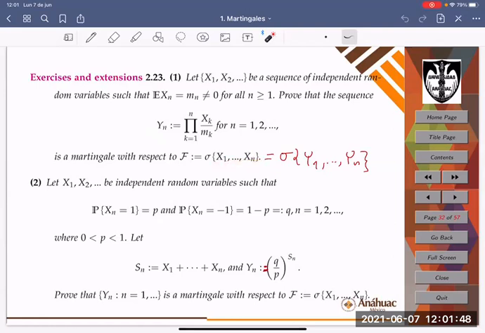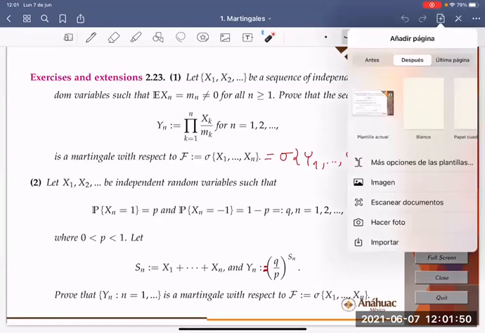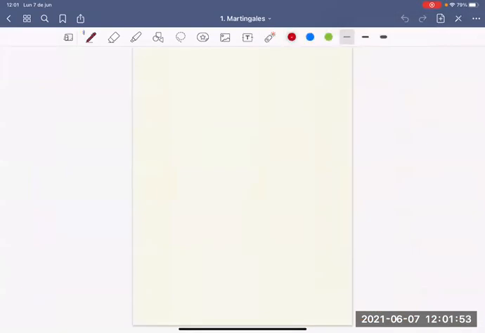So what we need to do is to prove that, I'm going to insert a page in here. What we need to do is to prove that the expectation of Y_{n+1}, that is the realization of the process at a certain time, say n+1, given the history up to a certain past time, in this case n, equals precisely the process at time n.